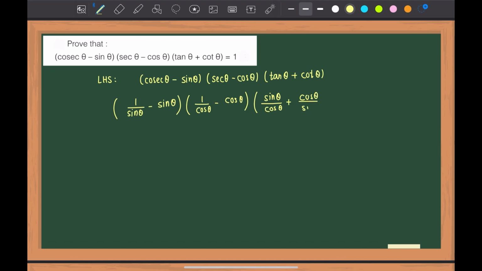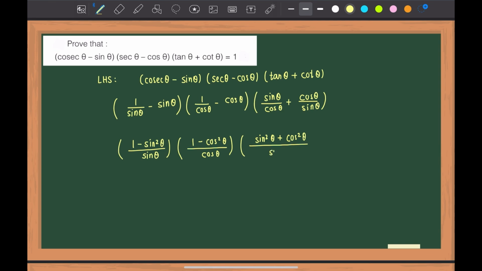While taking LCM, we will be getting this as (1 minus sine square theta) divided by sine theta, over here (1 minus cos square theta) divided by cos theta, and over here this will be simply (sine square theta plus cos square theta) divided by sine theta cos theta.